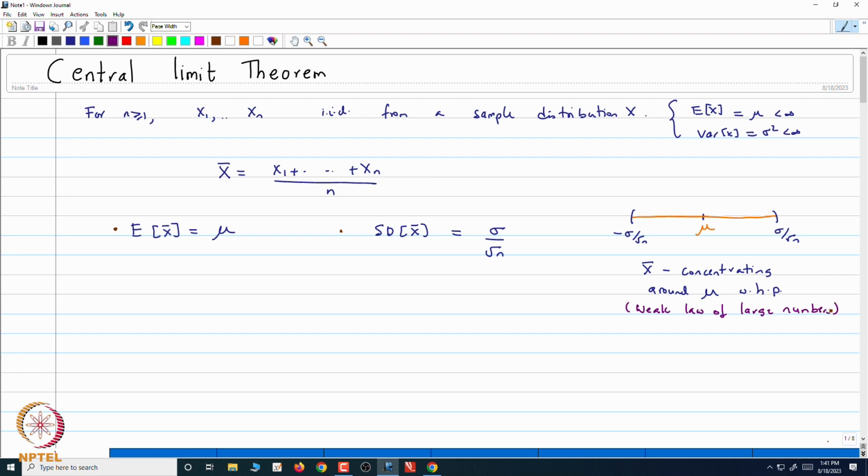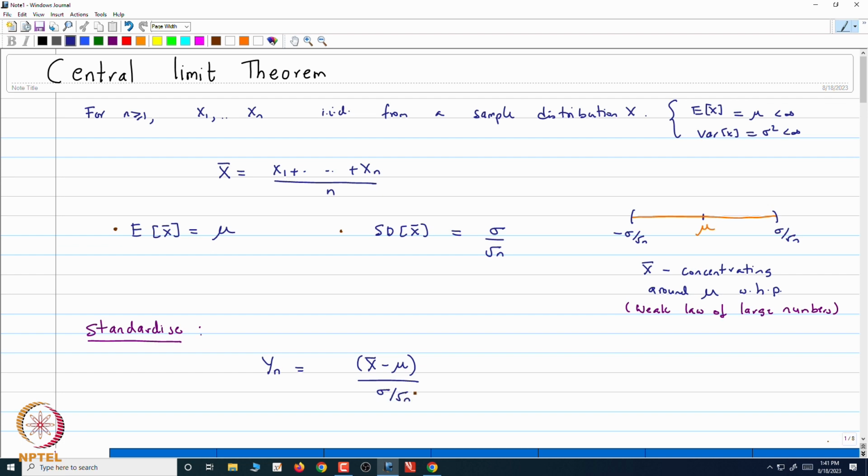So, today what I want to understand is how the standardized mean behaves. So let us standardize. I look at Yn, where I subtract the mean of x bar, which is mu, so the mean is 0, and I make the standard deviation 1, so I divide by sigma by root n.